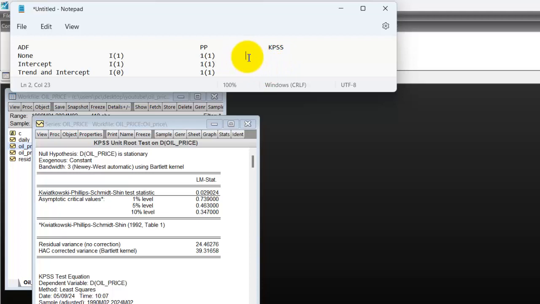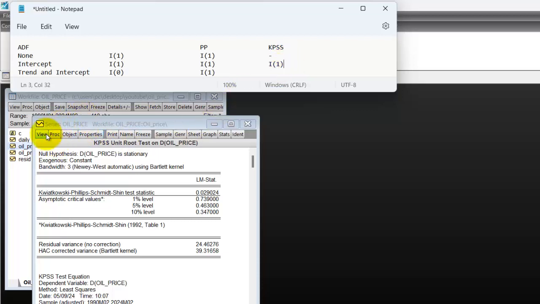So we just put a dash there because KPSS has two test equations. Then for intercept, the result for KPSS shows that oil price is I(1). Please take note. Oil price is I(1).